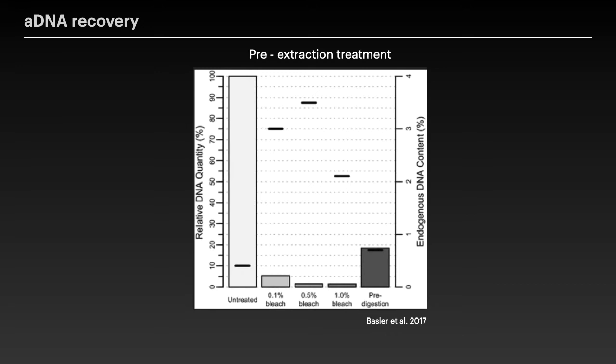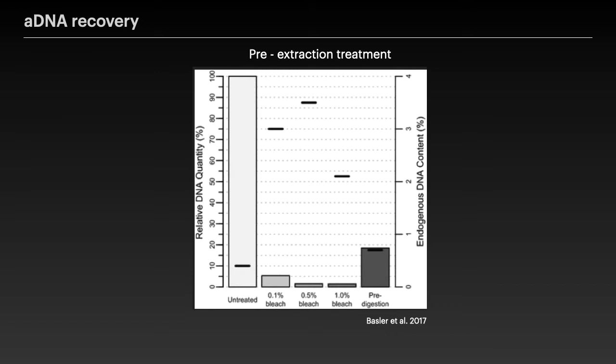The maximum was the 0.5% bleach treatment, but for all treatments against the untreated sample, we see a massive drop in DNA quantity. So there seems to be a trade-off there. It is something to be applied with caution, I would say.